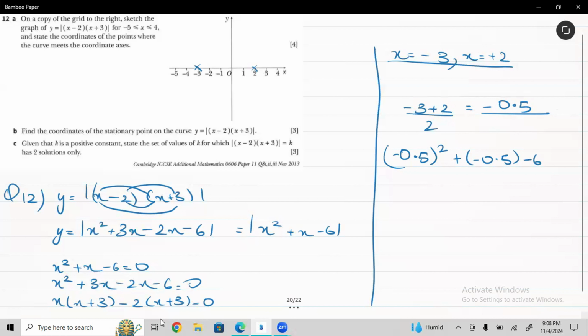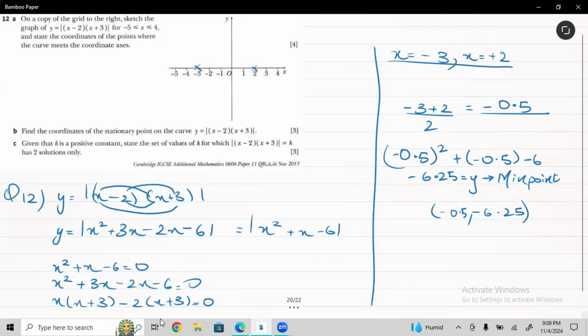If we calculate this value, we get 0.25 minus 0.5 minus 6, and that gives us negative 6.25 equals y. So this is the minimum point. The minimum point is negative 0.5 and negative 6.25.